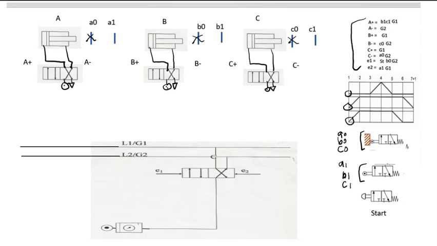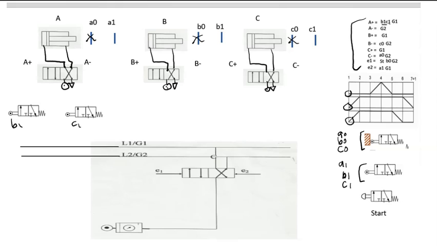Alright, we're going to start with A plus. So A plus is B1 C1. So choose the limit switch. B1 C1 is the normal limit switch. So we have 2 here, B1 and C1. So we need to connect in a parallel way. Label first as B1 and C1.